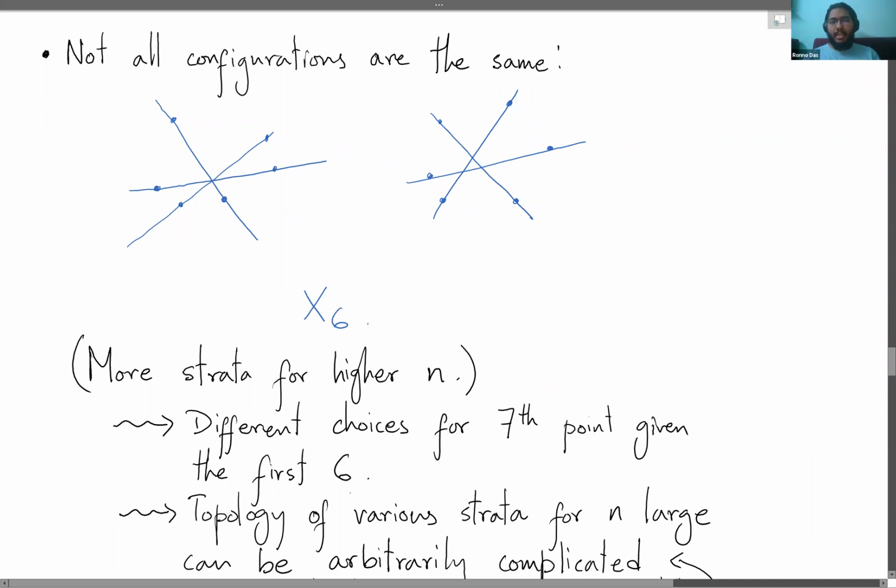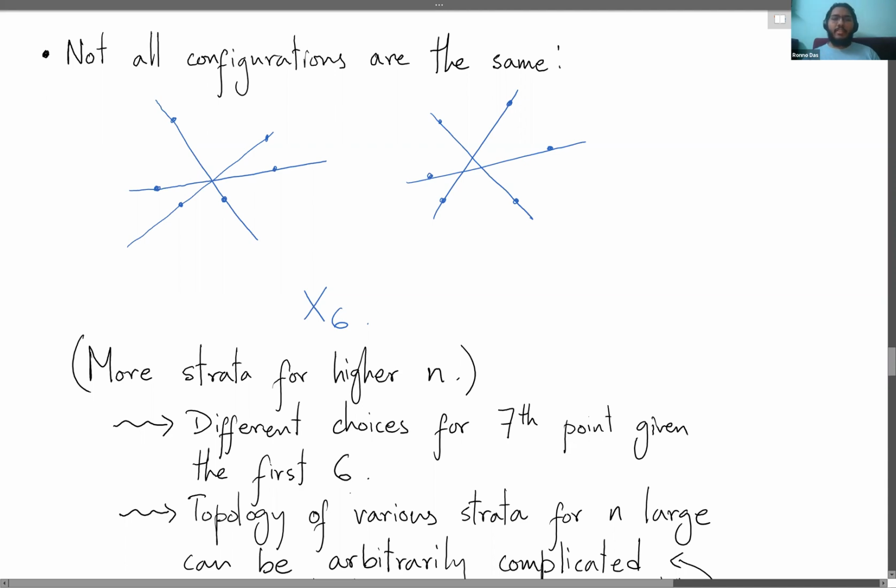However, if I just perturb those 6 points by a little bit, I'm going to get a configuration of lines where those lines are not passing through the same point. So why does this matter? If I want to add a 7th point to these 6, that has to not lie on any of these lines.